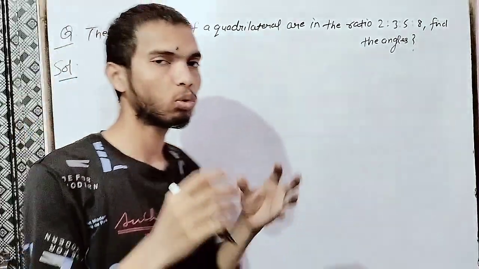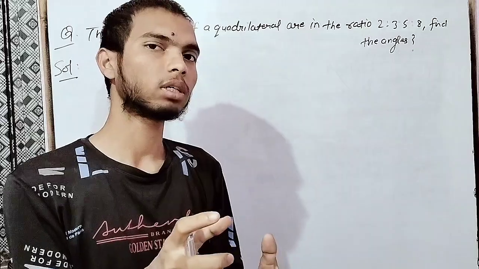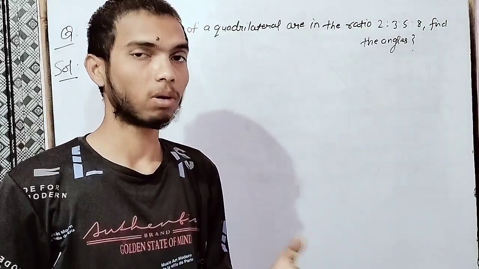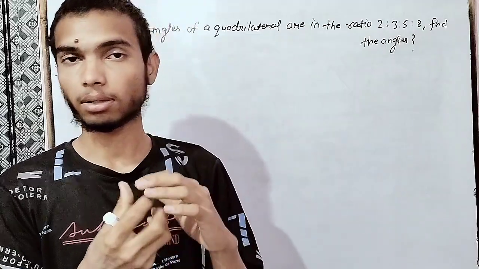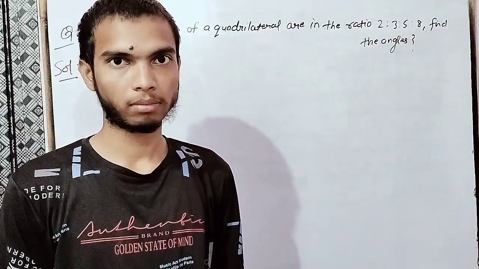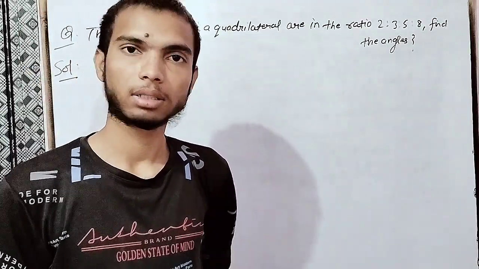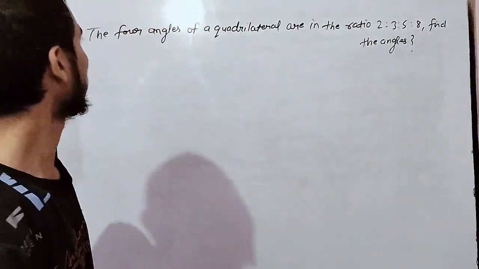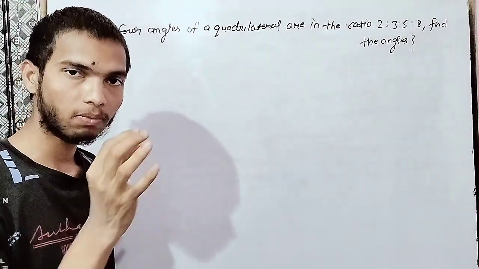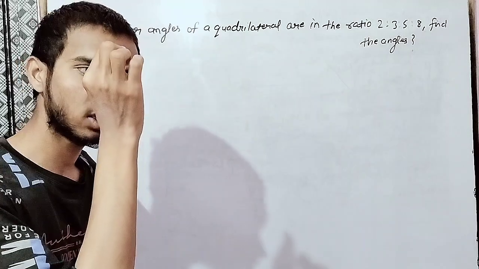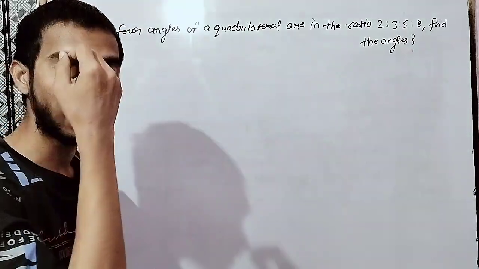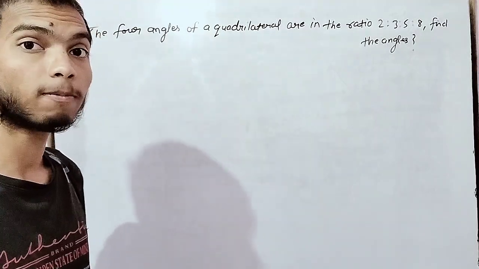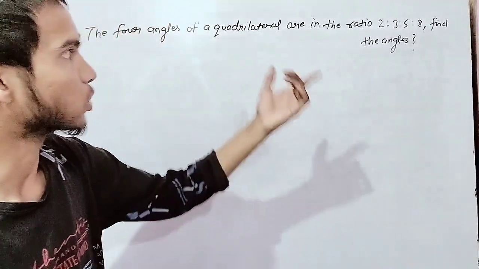First of all, we need to understand very carefully what the question is saying. This is the first step. The four angles of a quadrilateral are in the ratio. If there is a quadrilateral, it has four sides, four angles, and four vertices.